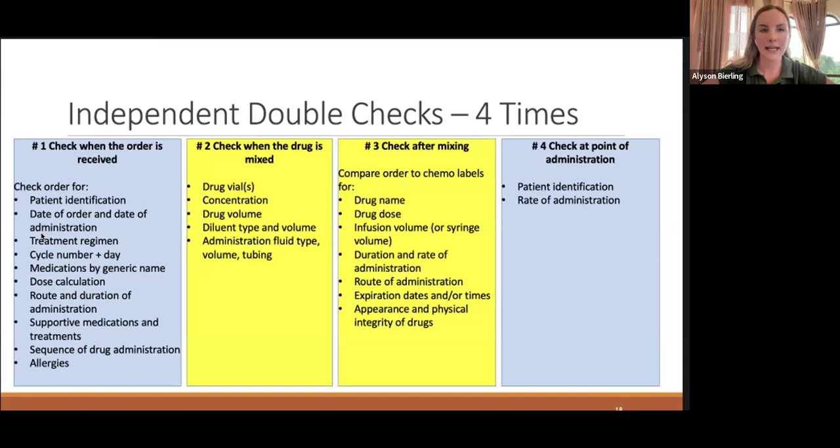First, we want to do a double check when the drug is mixed. We want to check the drug vials, make sure that the integrity of the vial and the drug is okay and that it's not expired. We want to check the concentration of the drug in the vial so that we're drawing the correct volume.